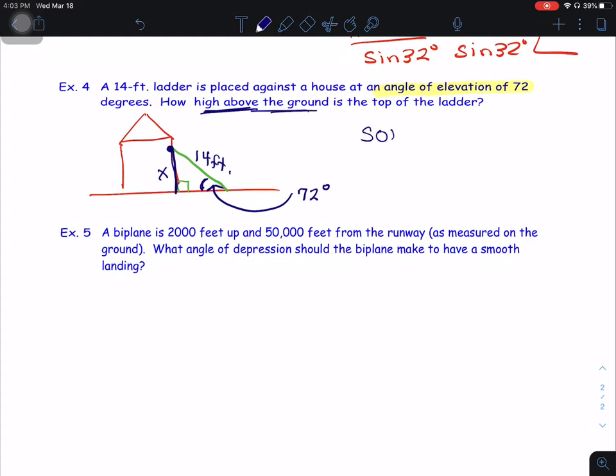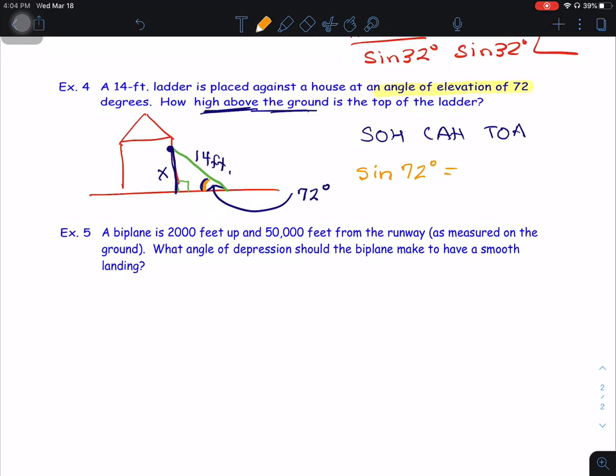Okay, so once again, we go back, we think SOHCAHTOA. We've got to pick which trig function is going to actually incorporate side X with side 14 as it relates to this 72-degree angle. It looks like, gee, all these problems seem like they're sine problems, but they're really not always going to be sine problems. This would be sine of 72.